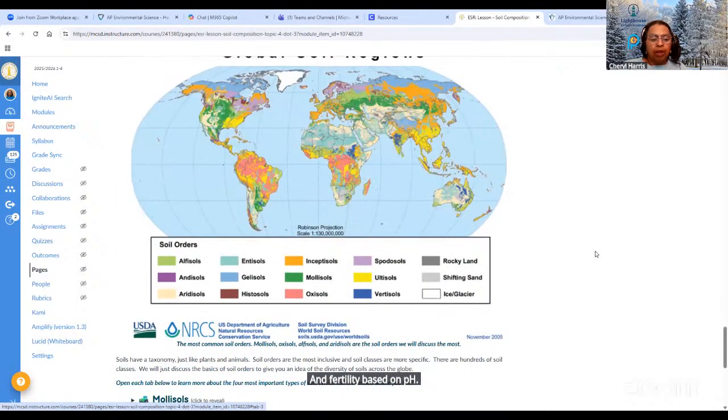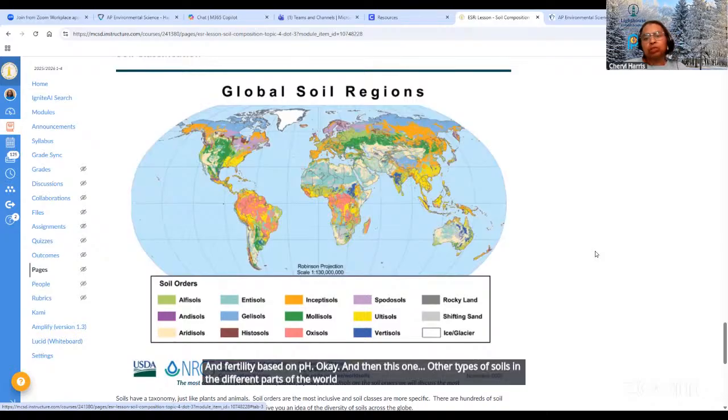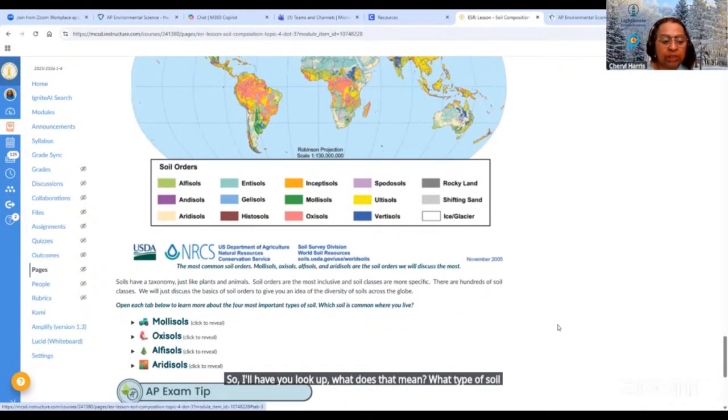Okay. And then this one shows the types of soils in the different parts of the world. And again, let's see. Okay, we're down here in this yellow. So I'm going to have you look up, what does that mean? What type of soil is that?